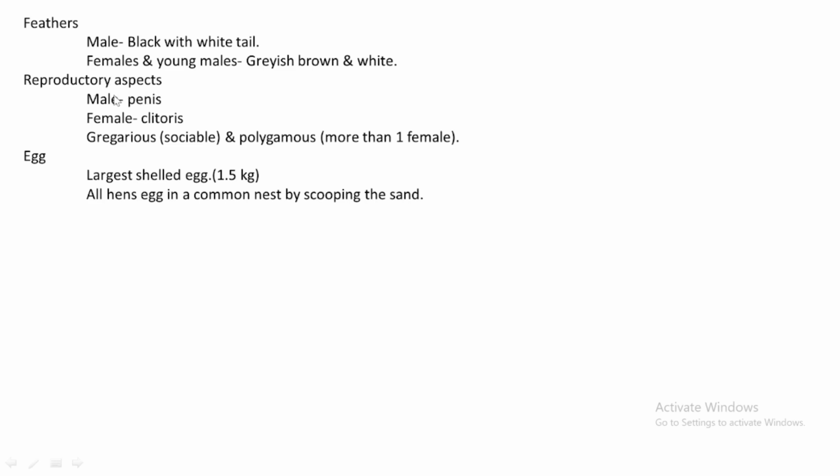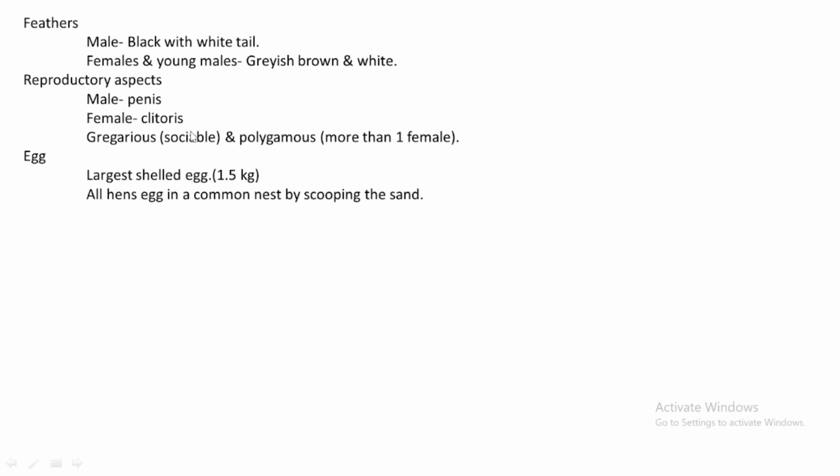Reproductive aspects: in the male the reproductive structure is the penis, and in the female another structure, the clitoris. The clitoris is somewhat functionally similar to the penis. The bird is gregarious. Gregarious means it is a sociable bird. It loves to live in groups.